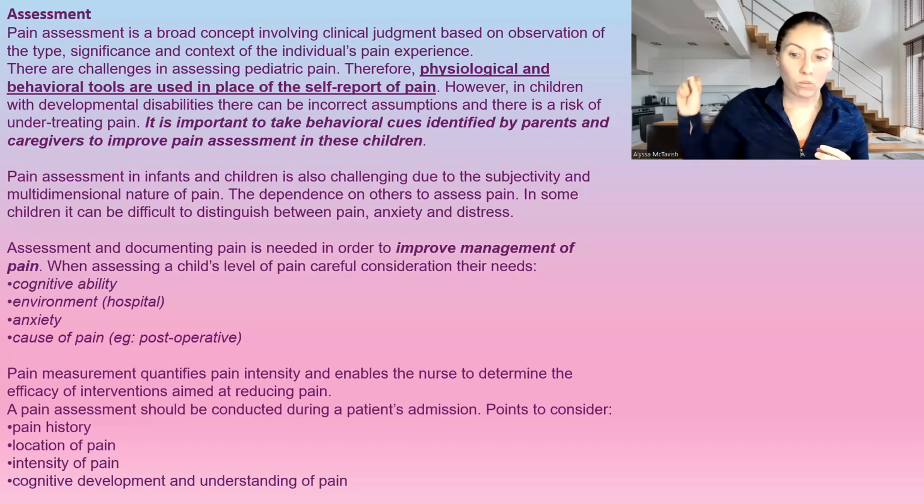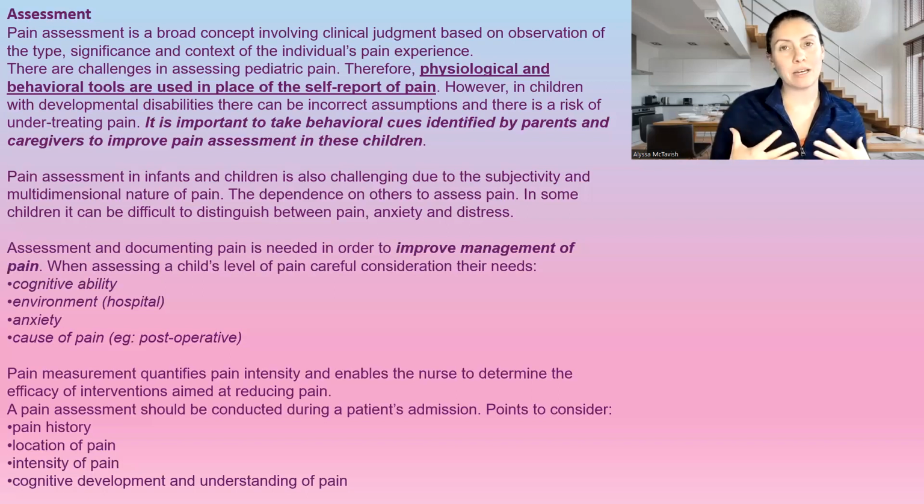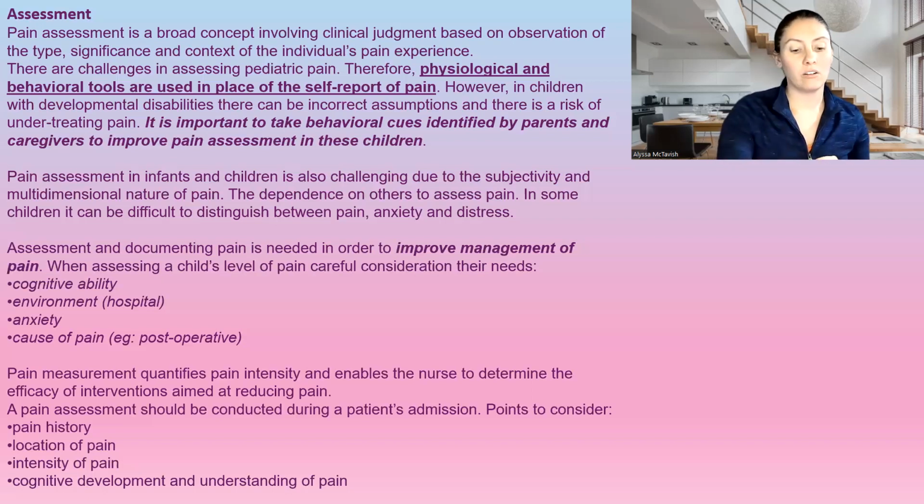Right when they come in on a patient's admission, we need to be looking at all of these, especially if they're coming in for a surgery. This is great because we see them come in, we have a good idea of what's going on, and we can get that pain history. Is it something that they've experienced before? Location of pain, intensity. We need to be looking at all these things.